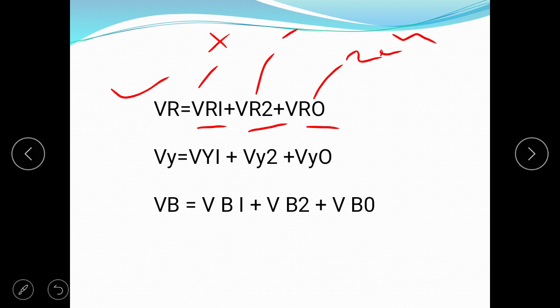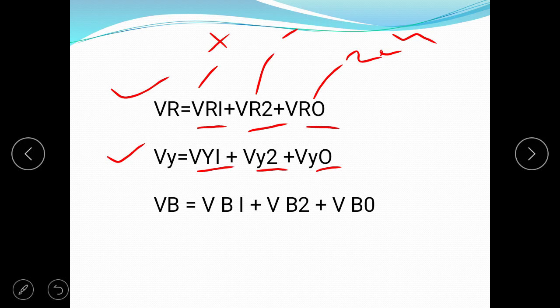Similarly, for Y phase voltage, VY = VY1 + VY2 + VY0, the sum of positive, negative and zero sequence components.